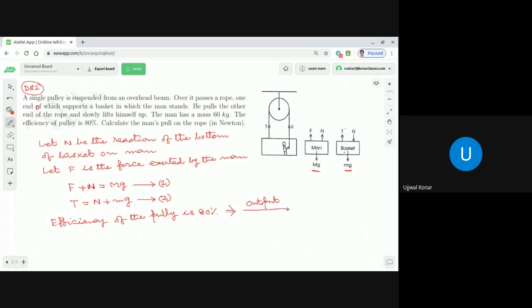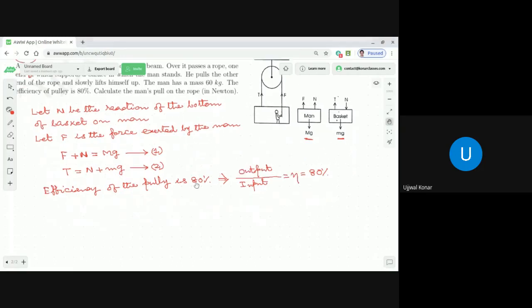As according to our assumption, T by F is equal to 80 by 100.